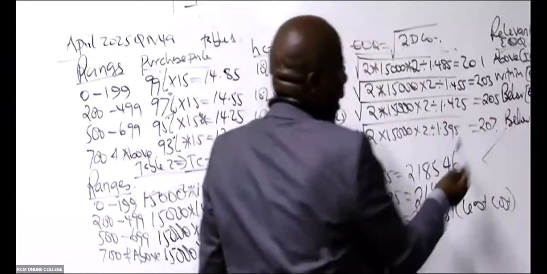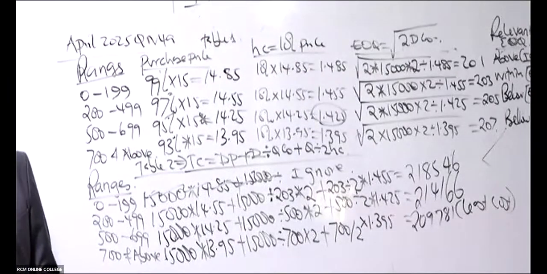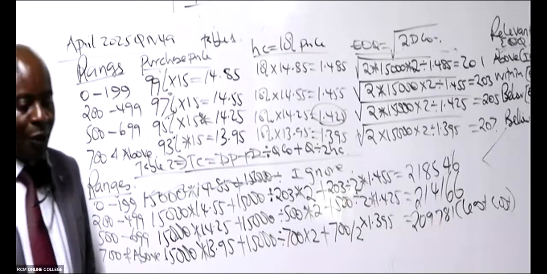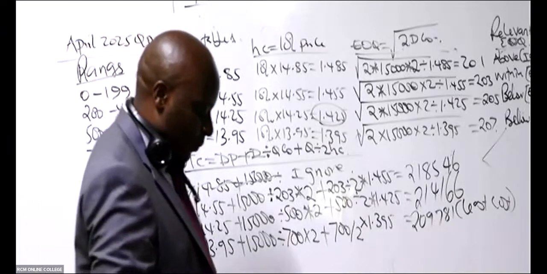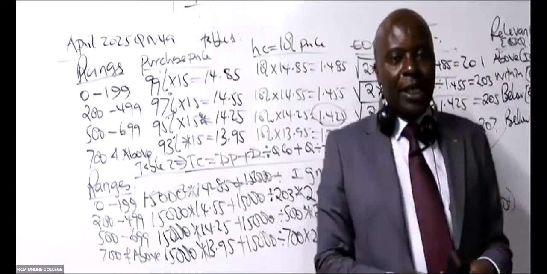The fourth EOQ, 700. The company should procure 700 units at a time.